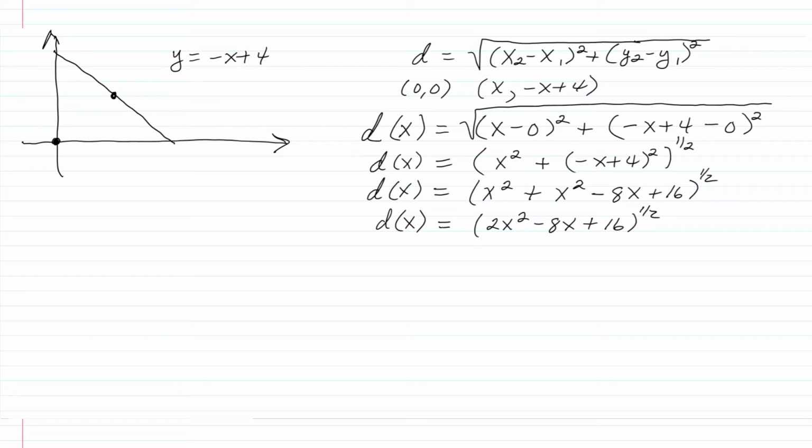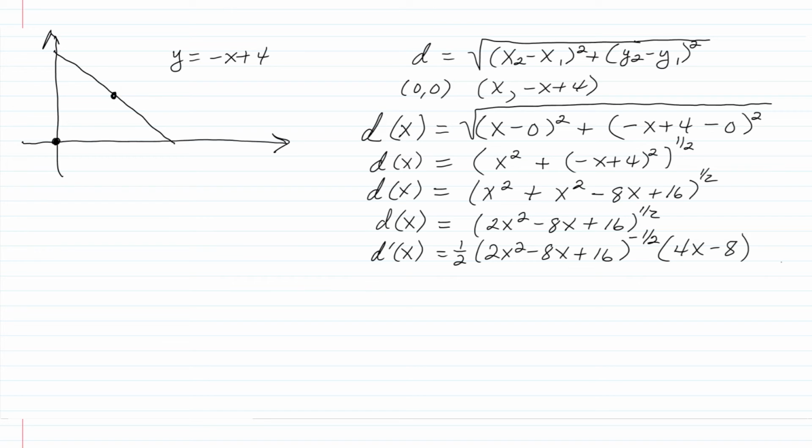So let's go ahead and take the derivative here. So d prime of x then is going to equal 1/2 times 2x squared minus 8x plus 16 to the negative 1/2 times the derivative of the inside, which is going to be 4x minus 8. So now let's clean that up a little bit.